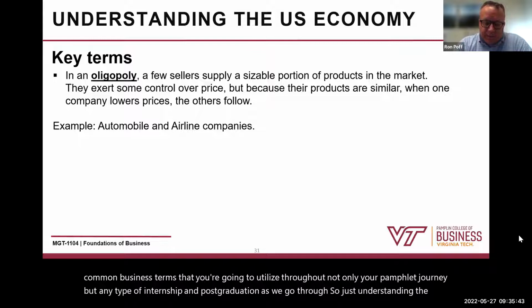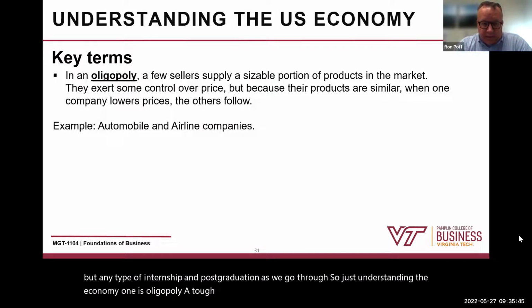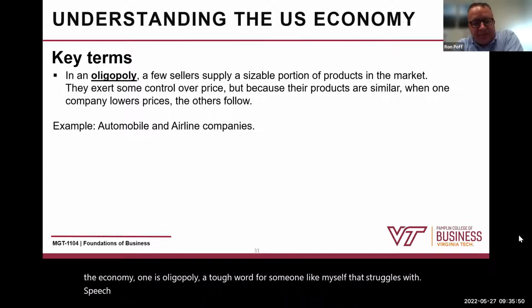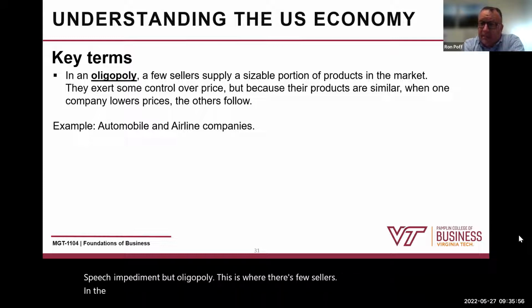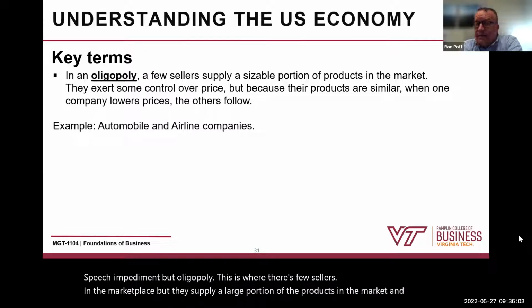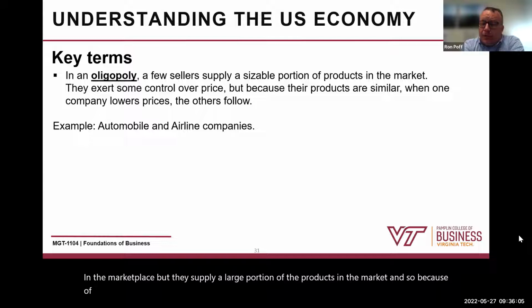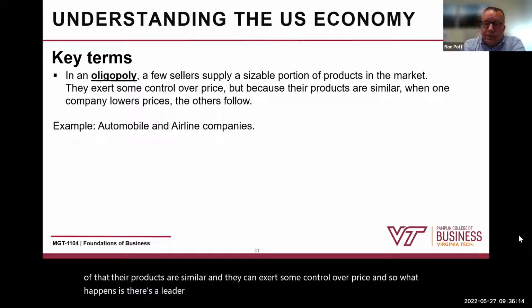One is oligopoly, a tough word for someone like myself that struggles with a speech impediment. In an oligopoly, there are few sellers in the marketplace, but they supply a large portion of the products in the market. Because of that, their products are similar and they can exert some control over price. So there's a leader-follower process that goes on.